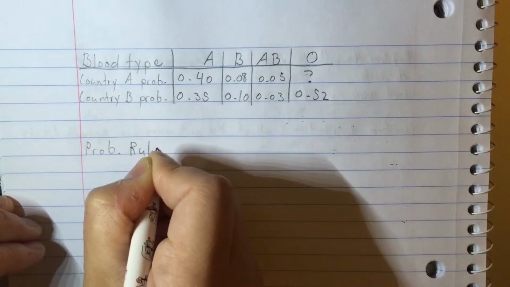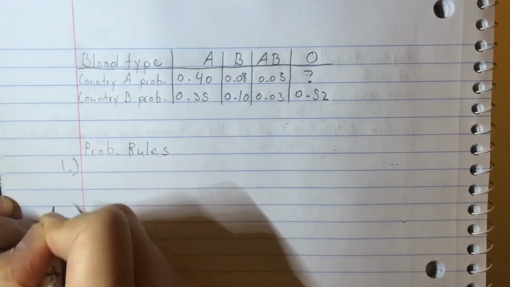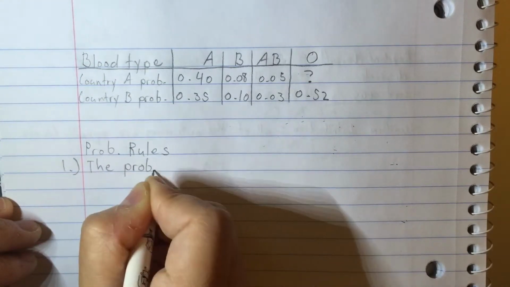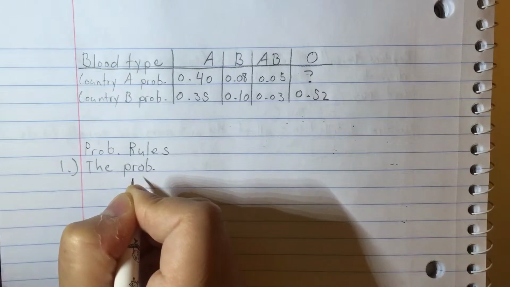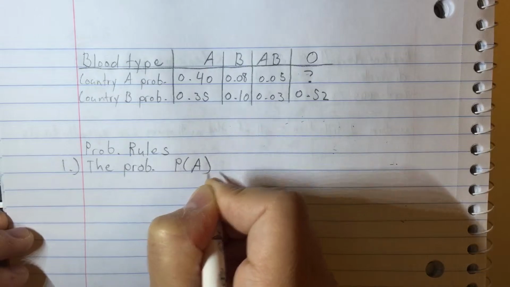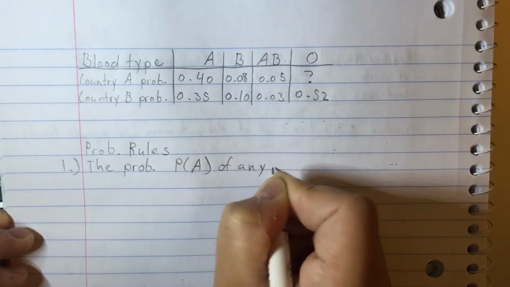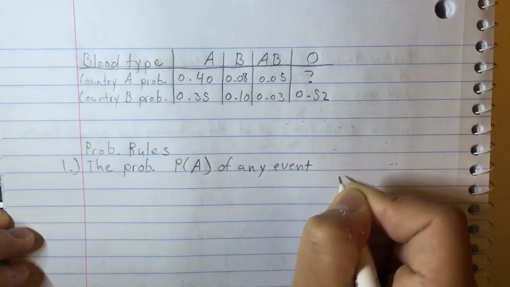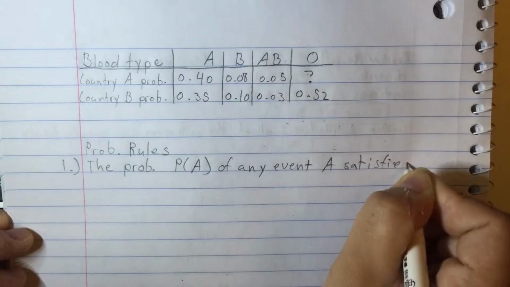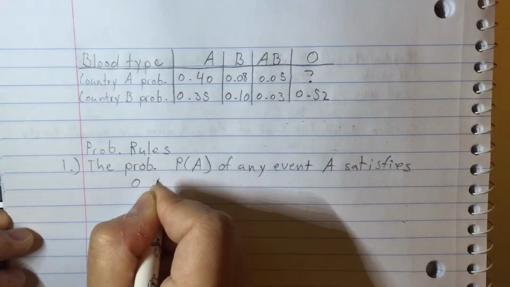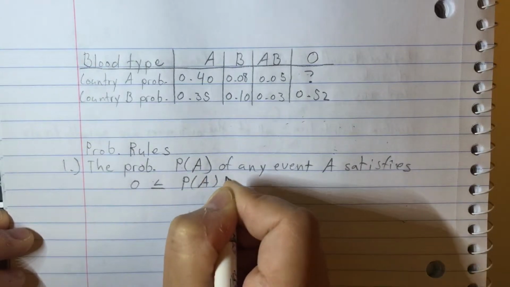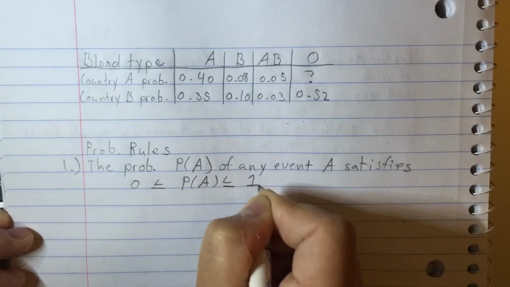I'm just abbreviating probability as P. The probability of any event A satisfies 0 is less than or equal to the probability of A, which is less than or equal to 1.